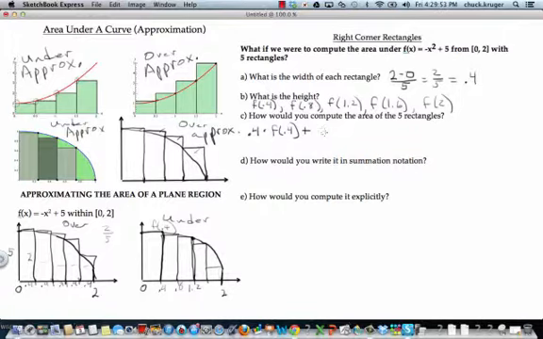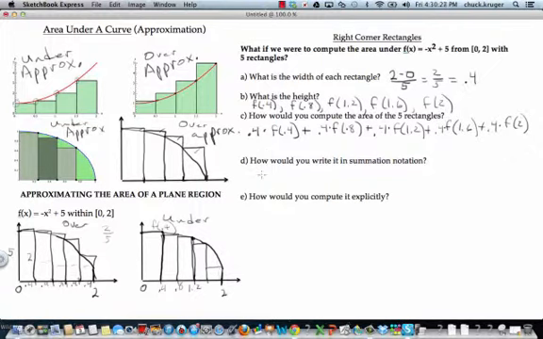My width times my height, 0.4 times f of 0.8 plus, there's my second rectangle, so I'm adding up these, 0.4 times f of 1.2 plus 0.4 times f of 1.6 plus 0.4 times f of 2. So those would be the areas of those.